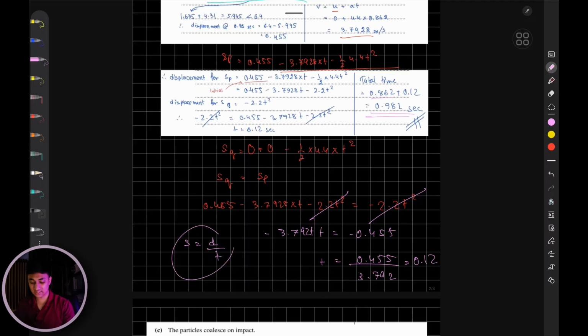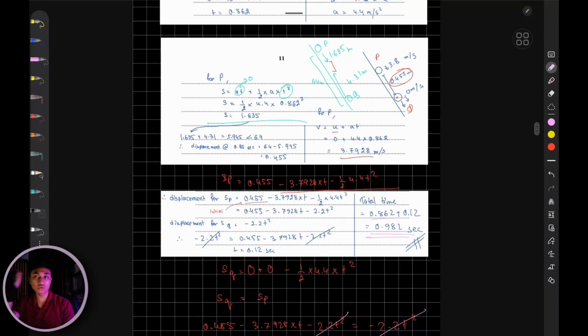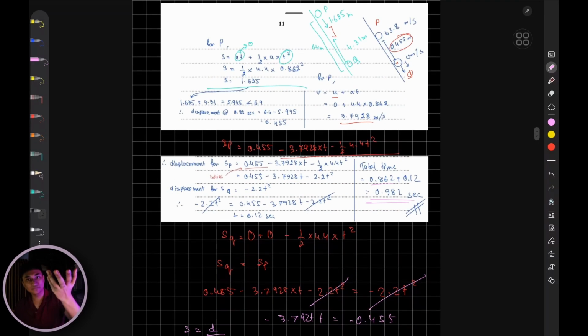Now, in case of this direct equation, you would need to know the concept of relative velocity, that since both of those have the same acceleration after this point onwards, the relative velocity between both of those is going to cover up the distance. So if you know that, you could have directly used the equation.